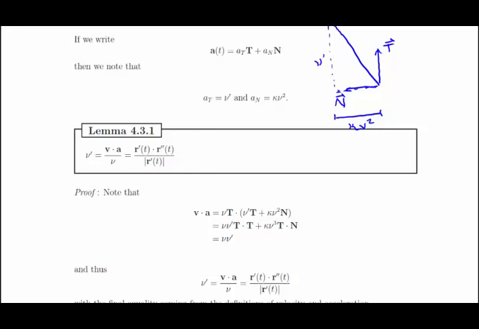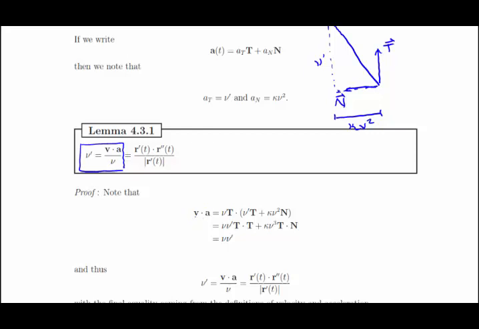So the bottom part's simple enough. We have little v equals the magnitude of r prime of t. That's by definition. So we really want to prove this first step, that little v prime equals v dot a over the magnitude of v. So let's start with how the v dot a is going to work out.